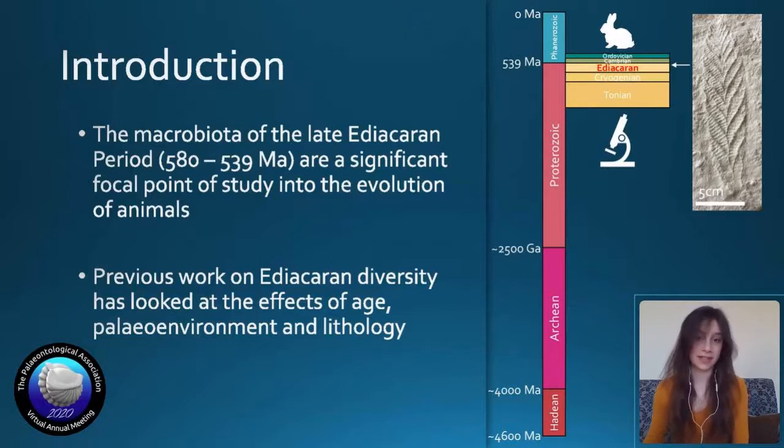And the diversity of Ediacaran macrobiota can provide insight into the patterns and processes behind the diversification of complex life. And whilst previous work has looked at the effects of age, paleoenvironment, and lithology on Ediacaran diversity, here we're going to be looking at the effects of paleogeography.